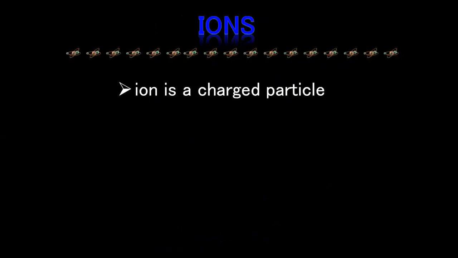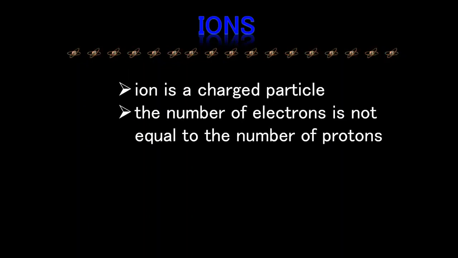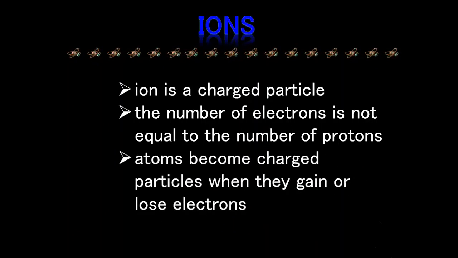Atoms are neutral. They have no charge. Now, an ion is a charged particle, either positively charged or negatively charged. Why is it charged? It's charged because the number of electrons is not equal to the number of protons. How do they become charged? By gaining or losing electrons.